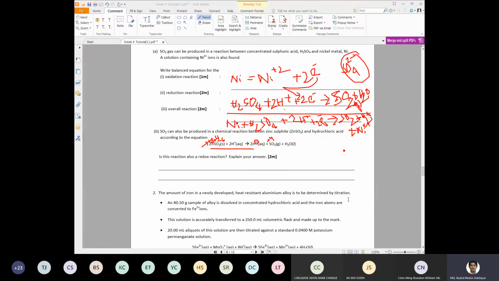You cannot just leave it in the ionic form, because in real life, they do not stay alone or stay in ionic form. Of course, they will mix together or team up together with the opposite charge and become neutral, because whenever there is a charge, it will be very energetic.